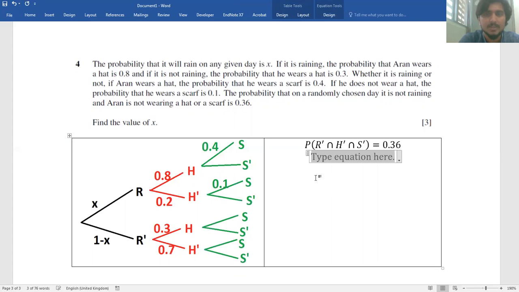So no rain means 1 minus x, and no hat is 0.7, and no scarf, without the hat, is 0.9, and so 0.36. If you solve this, what is the value of x that we get? You can easily solve it and get the value of x, which is 3 over 7.